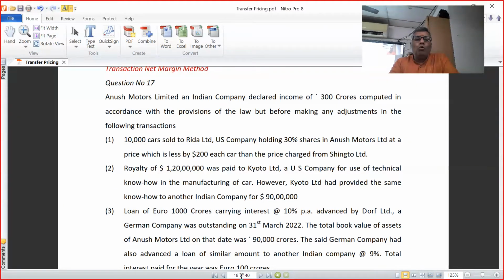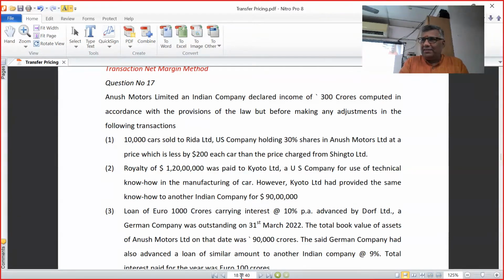Royalty of 1 crore 20 lakh dollars was paid to Kyoto Limited, a US company, for usage of technical know-how in manufacturing car and the business condition. Where know-how, the other person is the owner, you are using it. However, Kyoto Limited has provided the same know-how to another Indian company for $90 lakh.